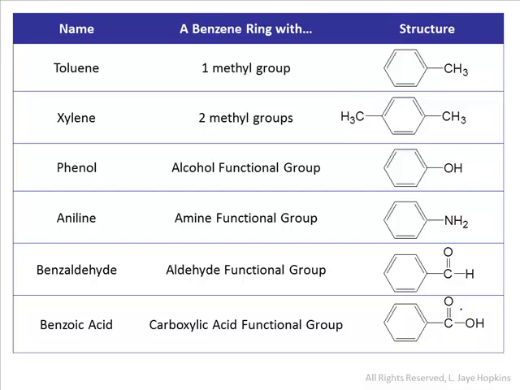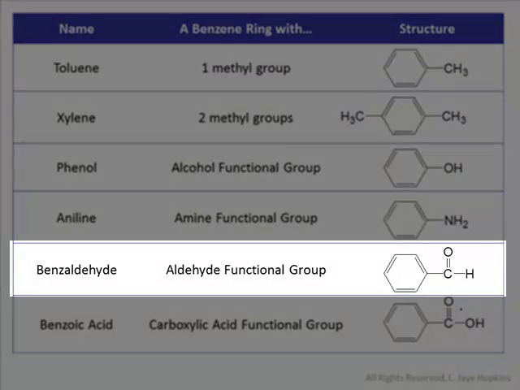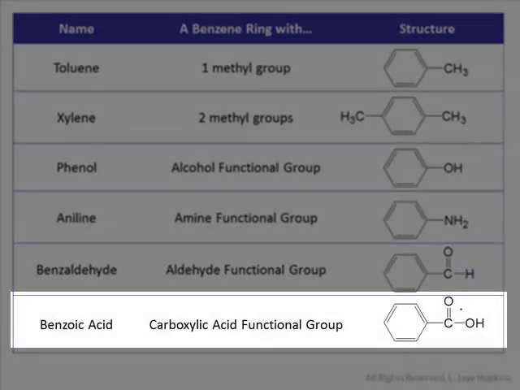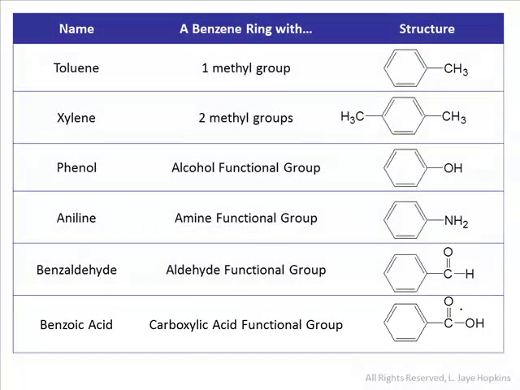We'll also see benzaldehyde, benzene with the aldehyde functional group attached, and benzoic acid, benzene with the carboxylic acid functional group attached. Again, for now, just learn the first 2, although if you want to get a head start, we will learn all 6 of these molecules during the rest of the quarter.